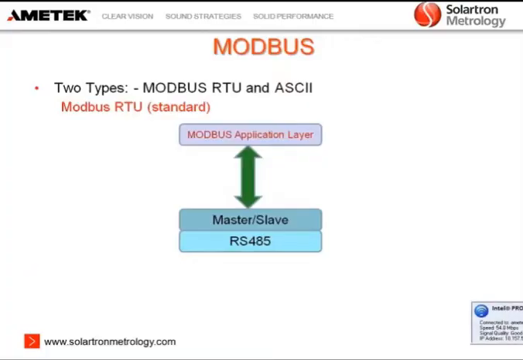And if you look at this image, at the bottom you have the RS-485 physical layer. And sitting on top is the master-slave layer, which is your device. So you have the actual two-wire connection, which is used by your device, which is either a master or a slave. And then at the top, you have the application layer, which is the actual Modbus application.